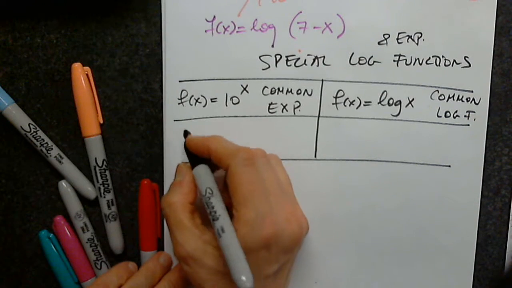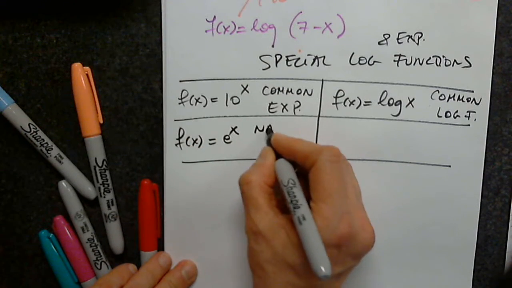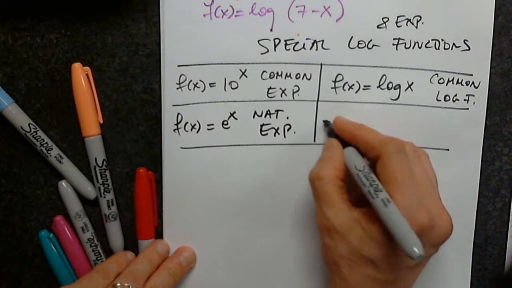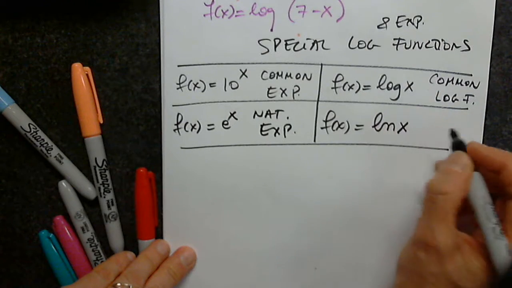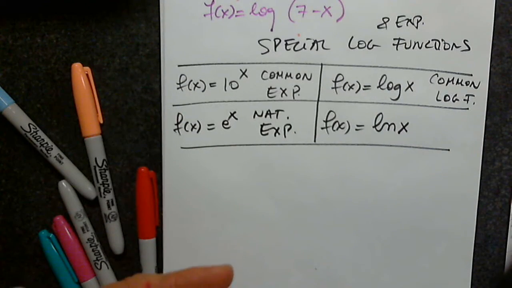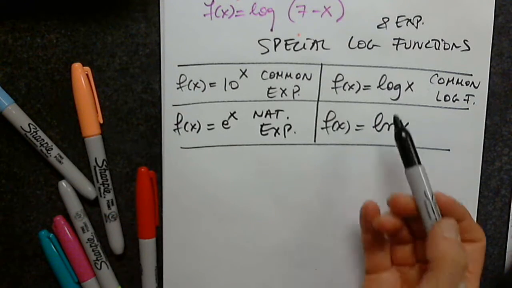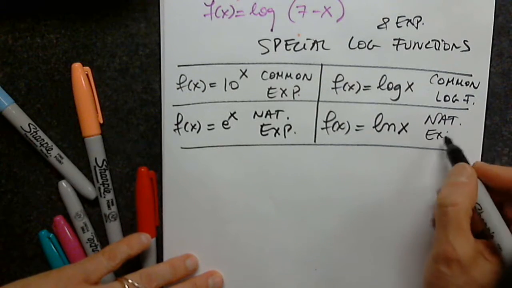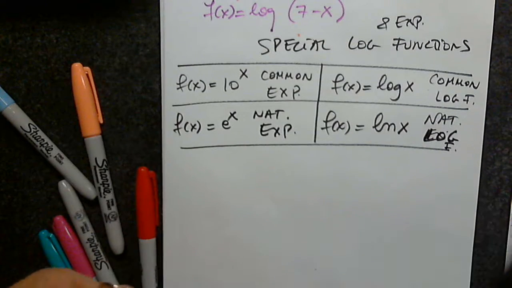So now the natural exponential, e to the x, we talked about it a few minutes ago. And the corresponding log is ln x. So instead of writing base e, we write ln. Instead of writing base 10, we write log. So this is the natural log function. Let's look in the graphing calculator.